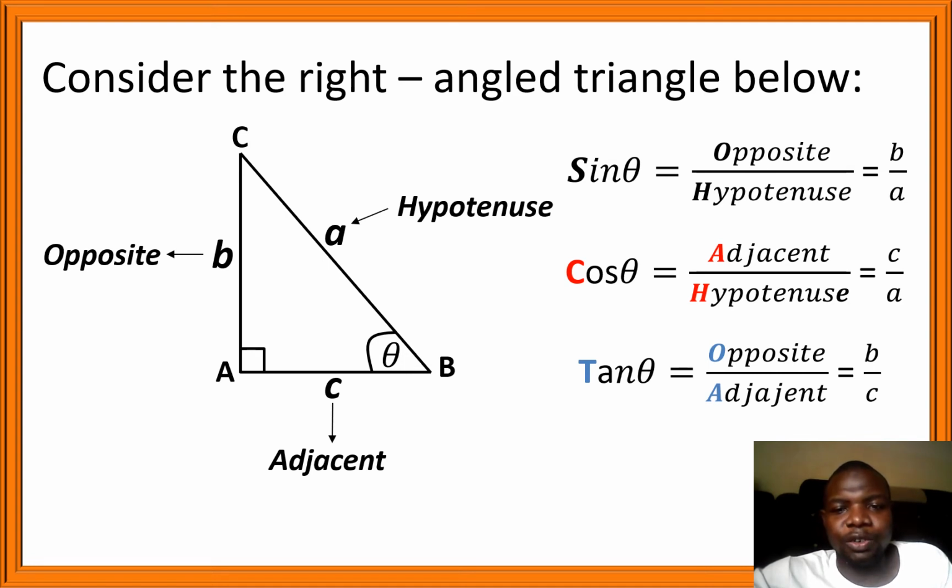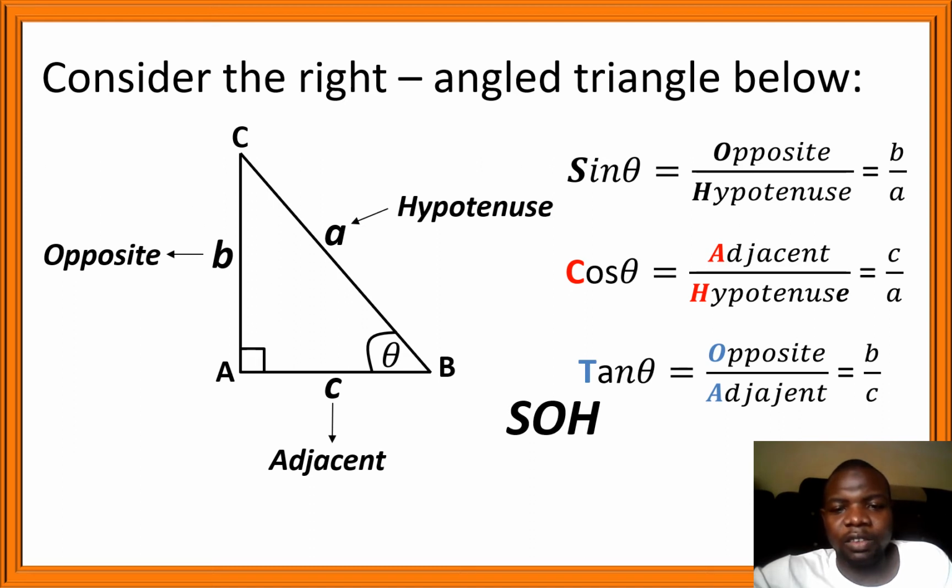The three trigonometry ratios here can be summarized when we look at the first letters within the ratios. For example, for sine, the first letter is S. For opposite, the first letter O. Hypotenuse here, the first letter H. This gives us what we call SOH.